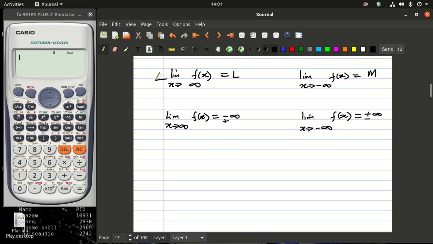Let's start by saying these things in words and see what we mean by writing this whole thing. Remember that this is supposed to be here.